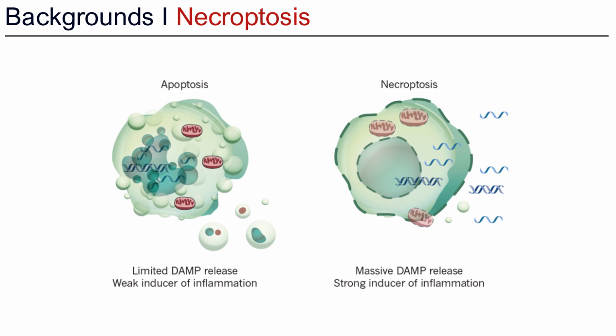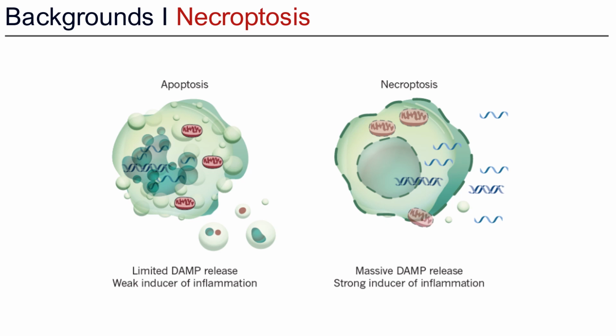The former exhibits cell shrinkage, chromatin condensation, formation of apoptotic bodies, and phagocytosis by adjacent cells, and the latter exhibits increased cell volume, organelle shrinkage, plasma membrane disintegration, and other characteristics.